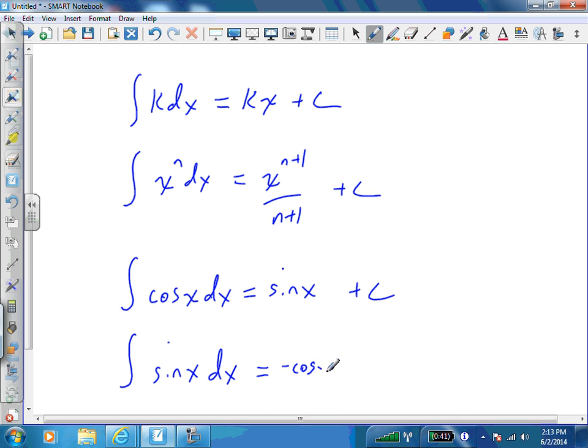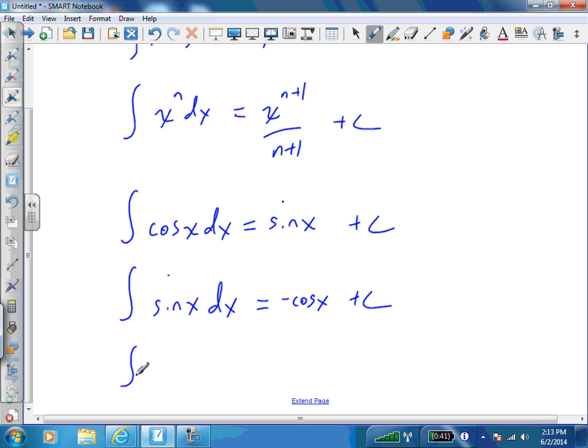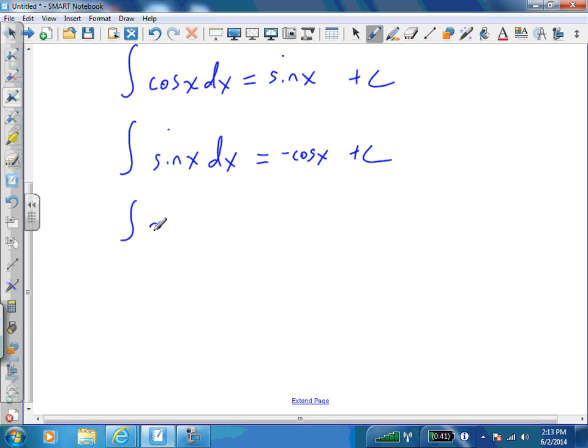Negative cosine. Let's see. What function has a derivative of secant squared?